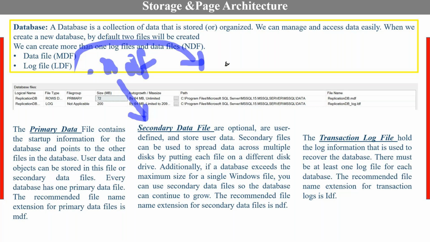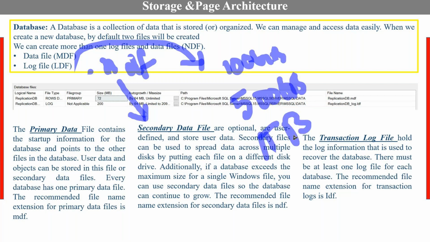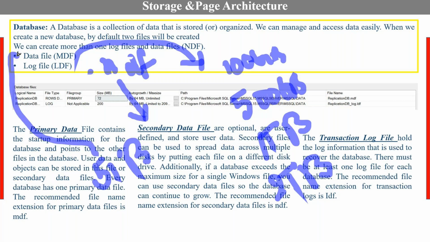Tomorrow it is 500 GB. After 1 month it is 1 TB. After 2 months it is 2 TB. After 5 months it is 5 TB. So your databases keep on growing. If you keep 5 TB in a single file, it will impact the performance, right? Yes or no?